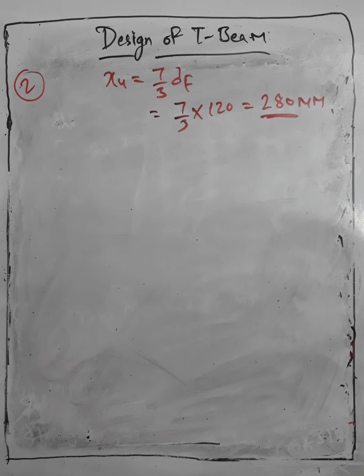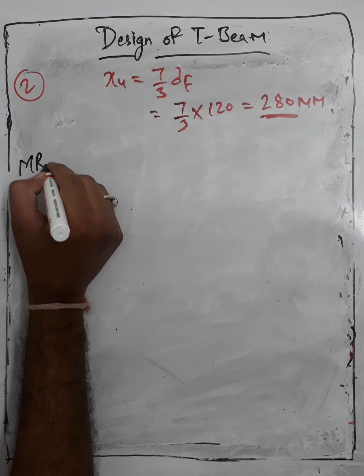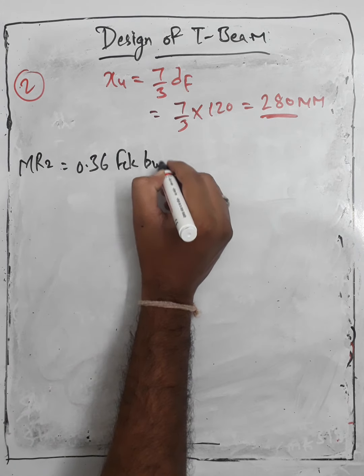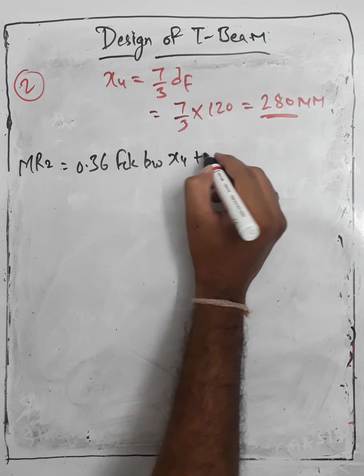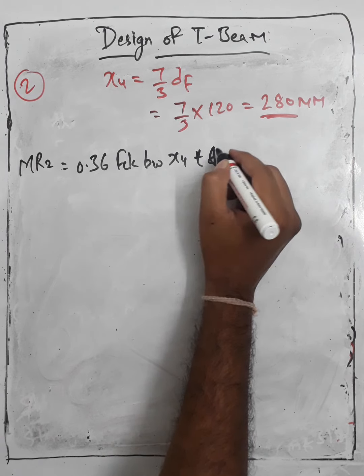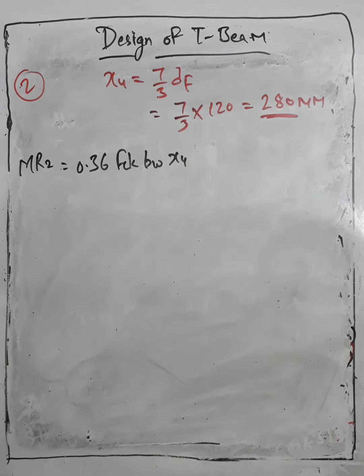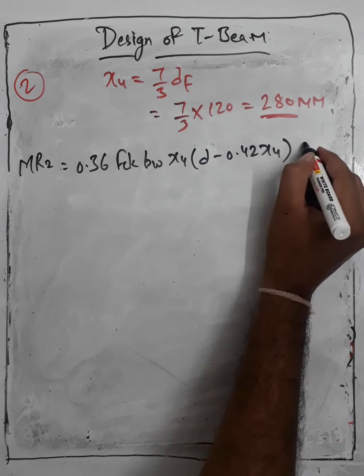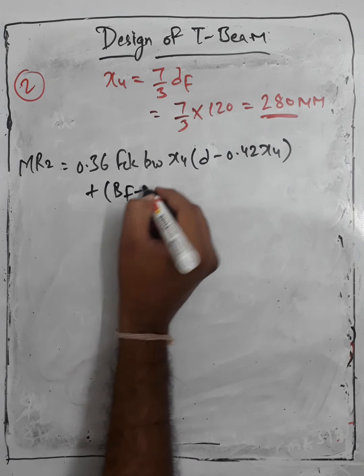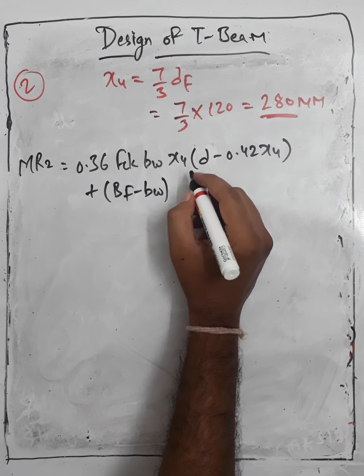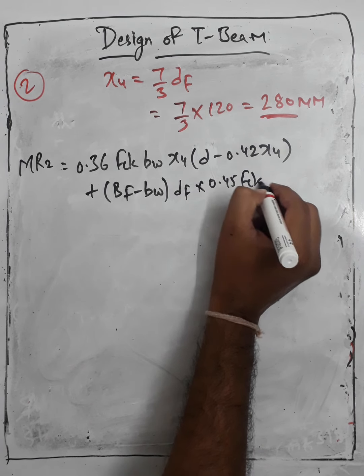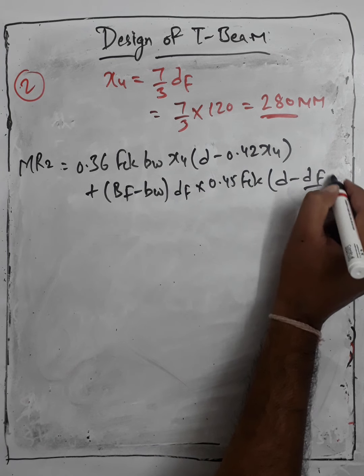For this case, the formula for finding MR2 is 0.36 FCK BW XU into D minus 0.42 XU, plus BF minus BW into DF into 0.45 FCK into D minus DF by 2.